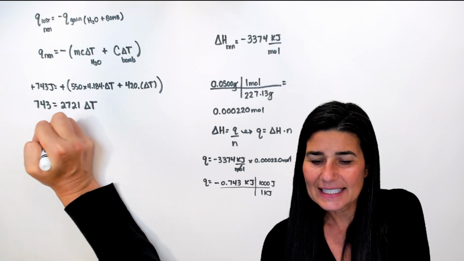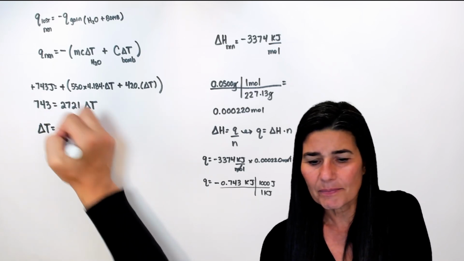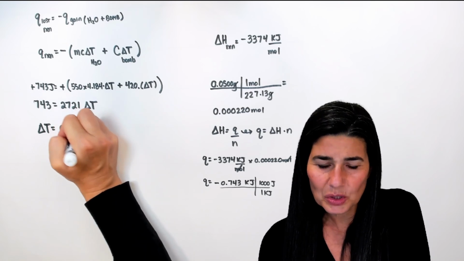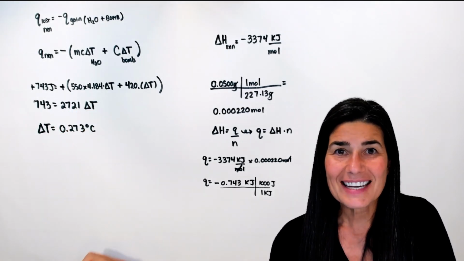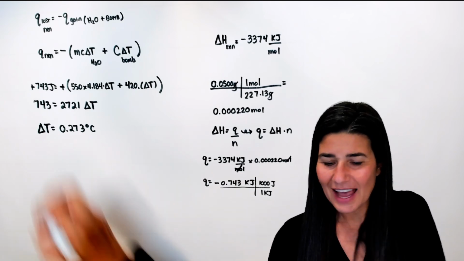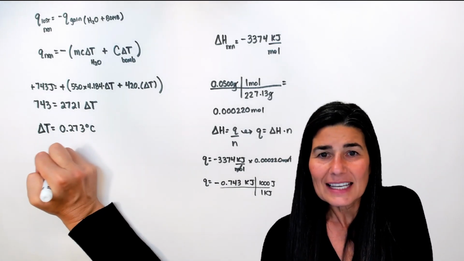We're going to get a delta T, it turns out really small, of 0.273 degrees Celsius.